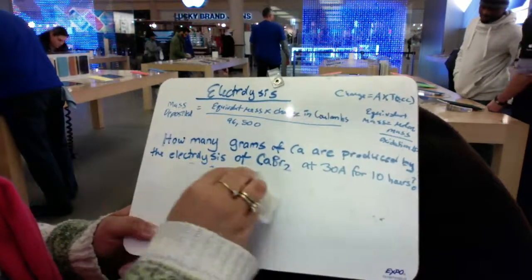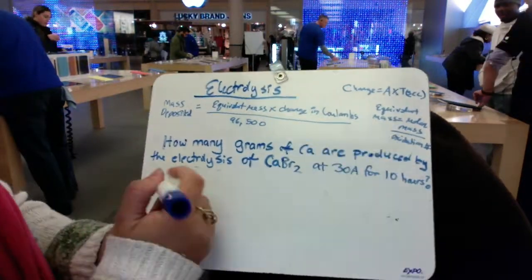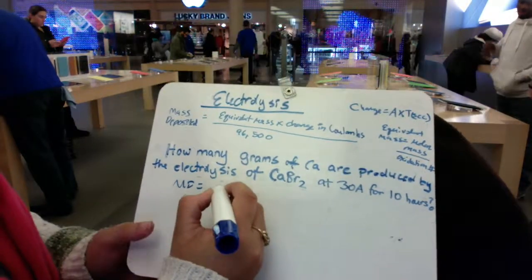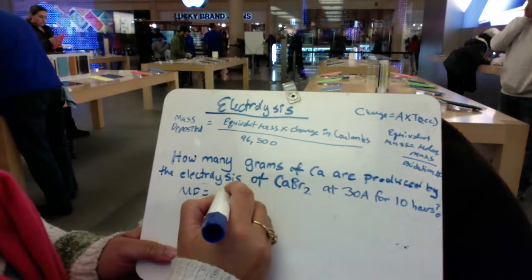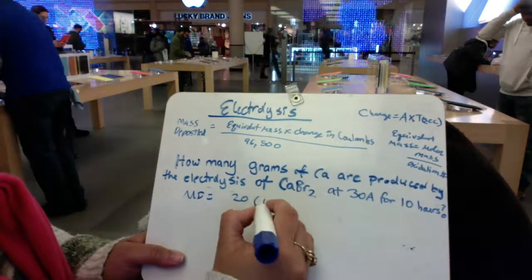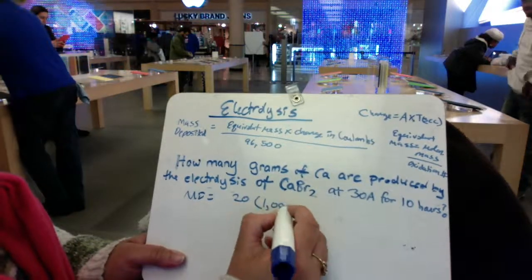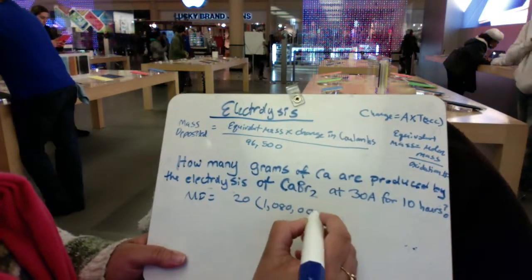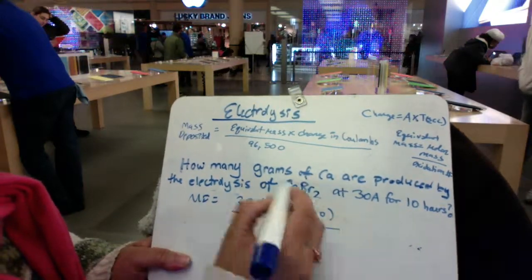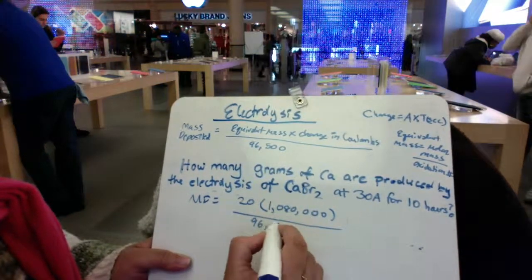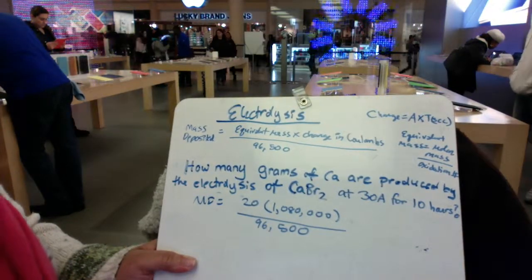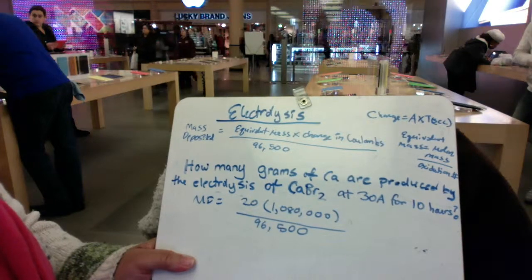So once again, the mass deposited is equal to our equivalent mass of 20 times the charge in coulombs, which is 1,080,000 coulombs, divided by 96,500, which is Faraday's constant. So let's do the math and find out.